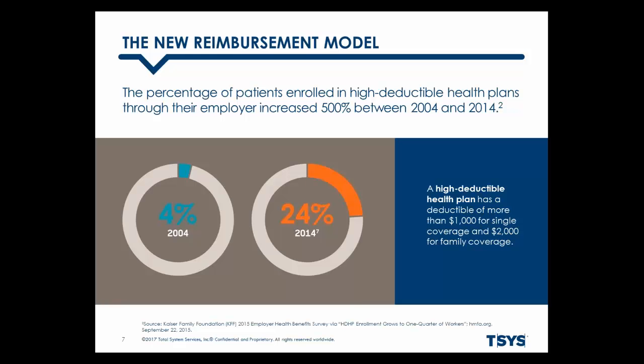And we're defining a high deductible health plan as a health plan with a deductible greater than $1,000 for an individual or $2,000 for family coverage. Fast forward to 2014, and that number jumped to 20%. If we look at 2017 and some of the metrics that have taken place since then, that number is dramatically higher than where we were back in 2014. So more and more of the insurance coverage that we have as consumers is tied to a higher deductible.